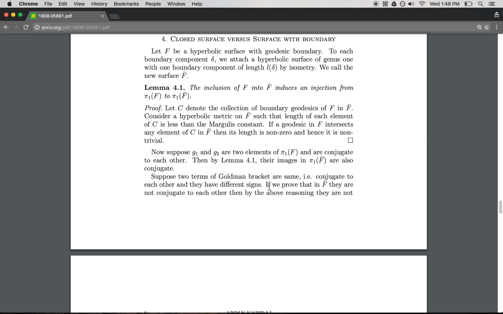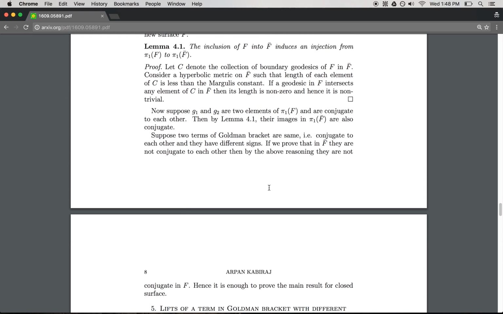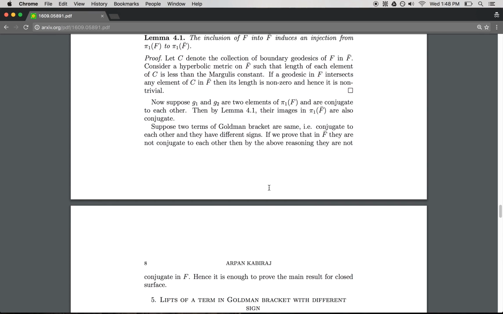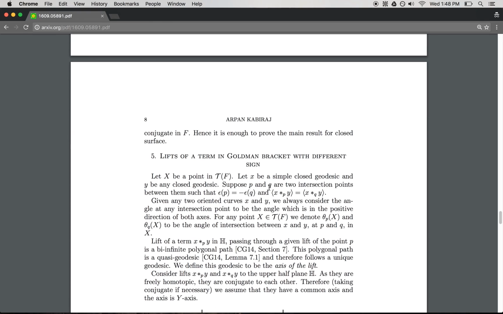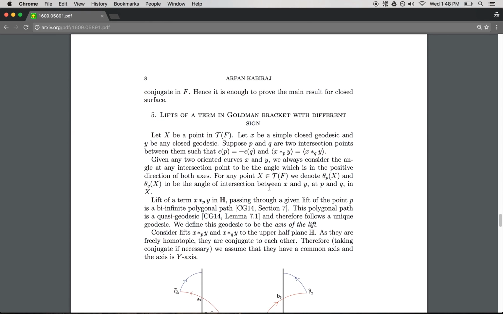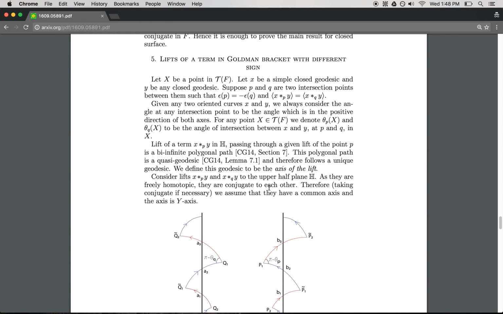Then by Lemma 4.1, their images in pi sub 1 of F bar are also conjugate. Suppose two terms of the Goldman bracket are the same, that is, conjugate to each other, and they have different signs. If we prove that in F bar they are not conjugate to each other, then by the above reasoning they are not conjugate in F. Hence, it is enough to prove the main result for closed surfaces.